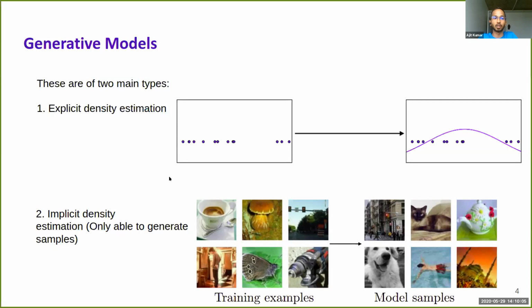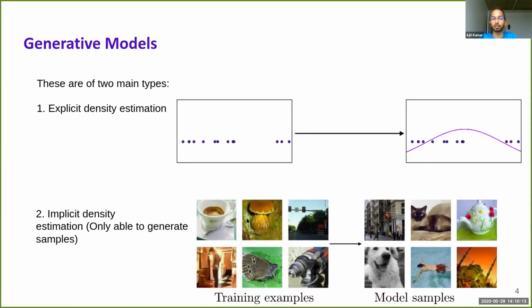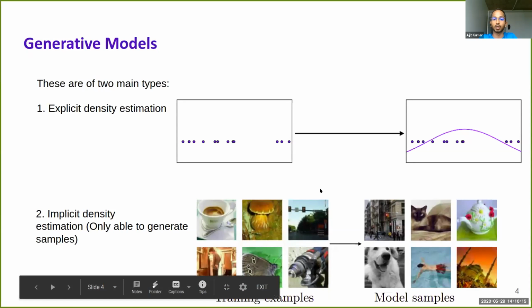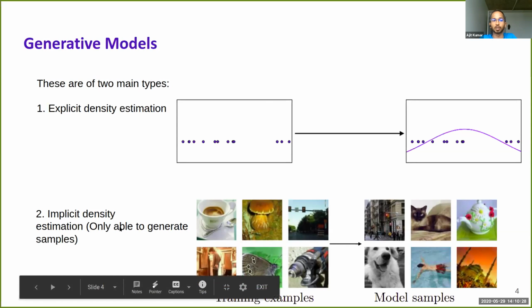In contrast, the implicit density estimation model gets some training data, but it does not actually learn the training distribution, but it gives us the flexibility to generate new samples without even learning the probability distribution. We'll see later how it does that. And GANs is an example of implicit density estimation.